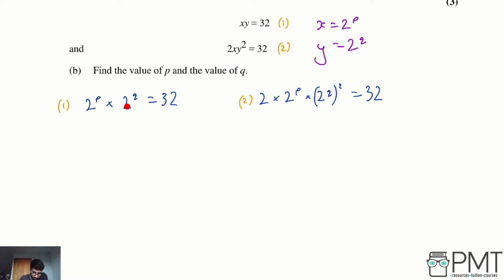I still have these twos. So can anyone give me a suggestion? How can I get rid of these bases and make an equation in terms of p and q? And does maybe what I did in part A help me? Can you see any similarities?